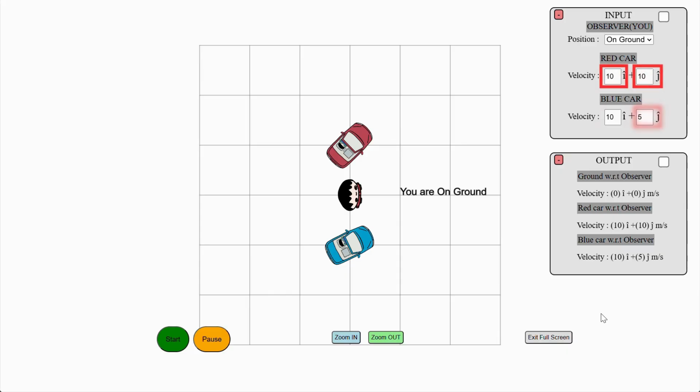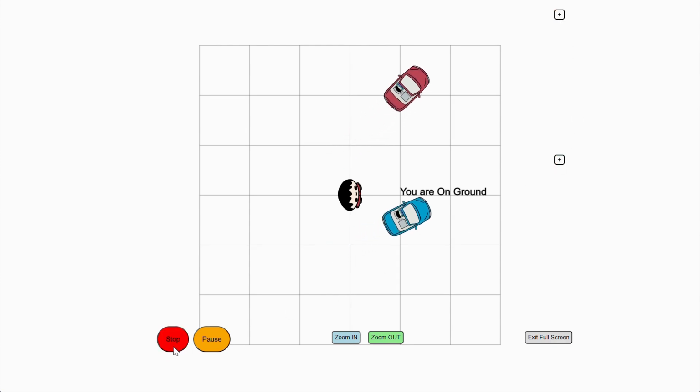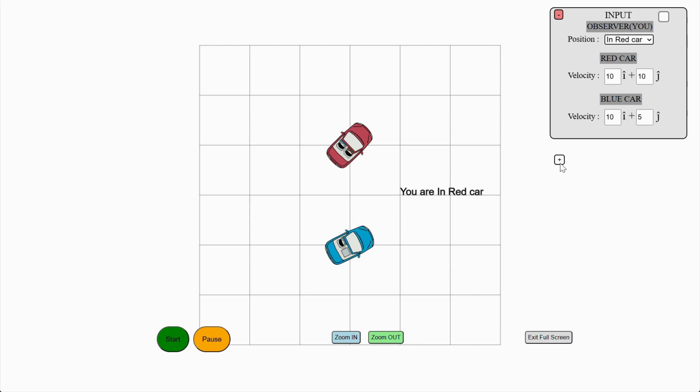Let's understand the relative velocity in two dimensions. Now, we have velocities in both the x and y directions. Now, observe the motion when the observer is on the ground. Now, the observer is in the red car.